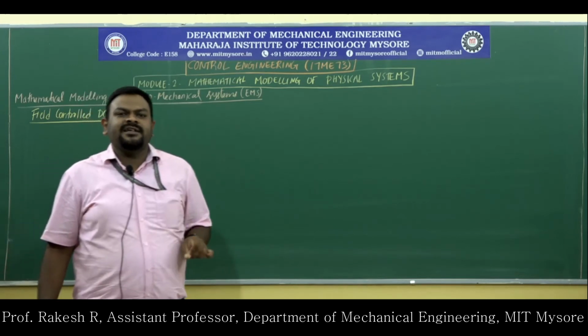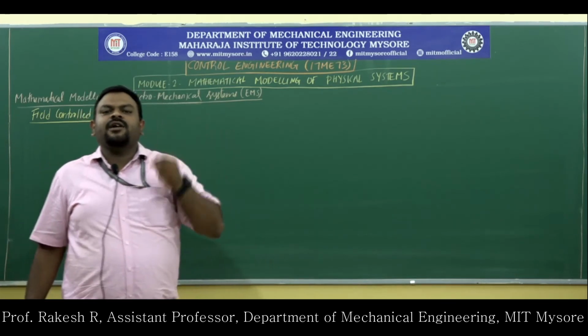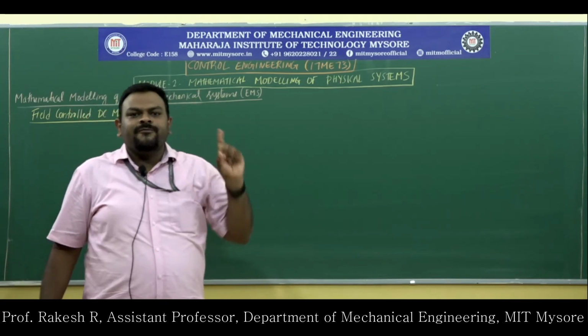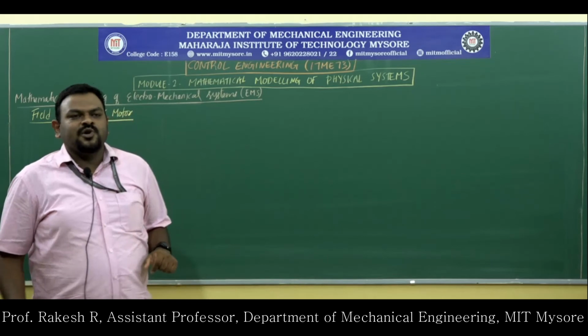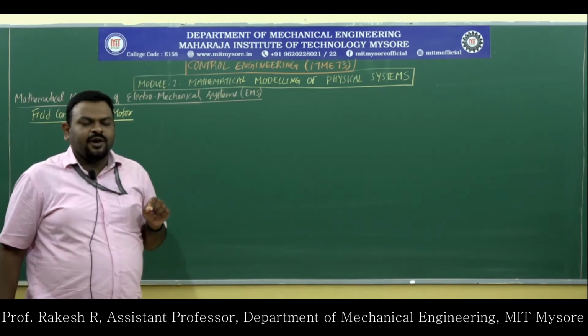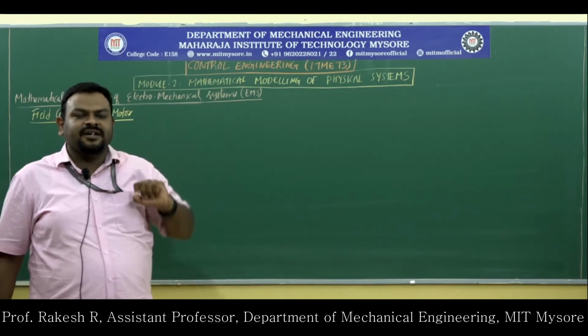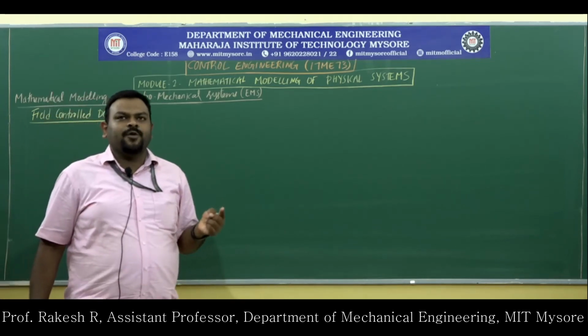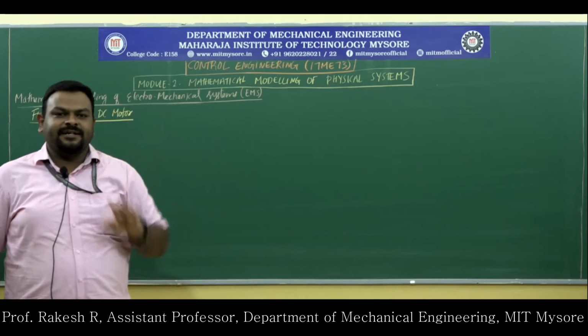In the field controlled DC motor, whatever torque is generated is directly proportional to field supply voltage. So in the case of armature control, the torque is directly proportional to armature current, whereas in field control, the torque is directly proportional to field current.